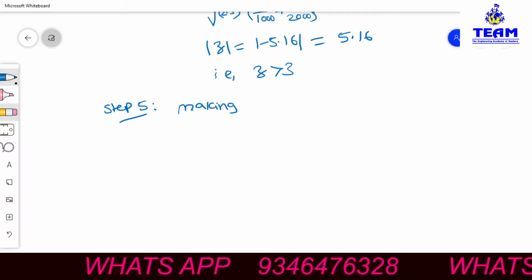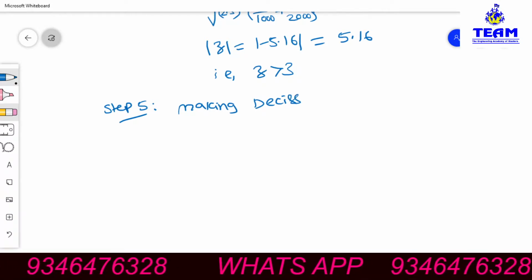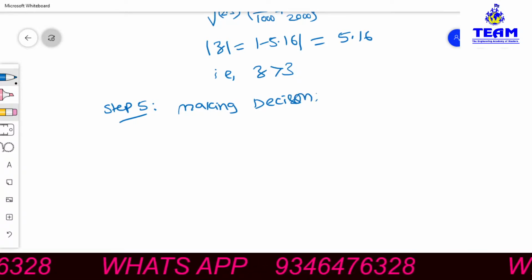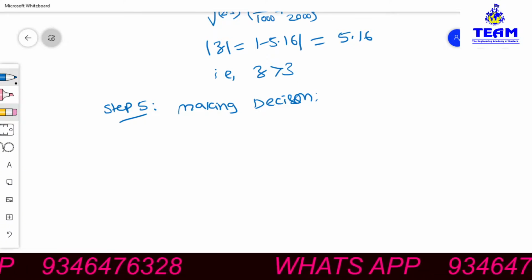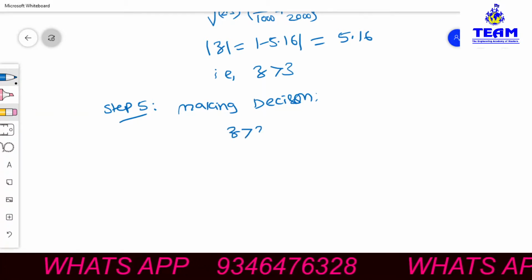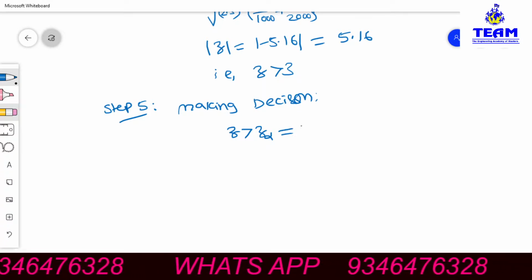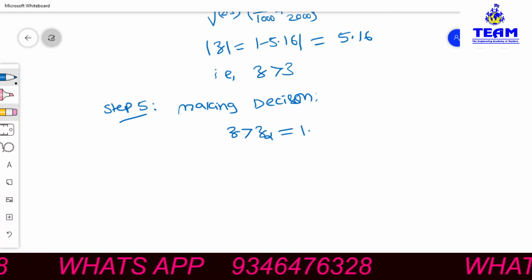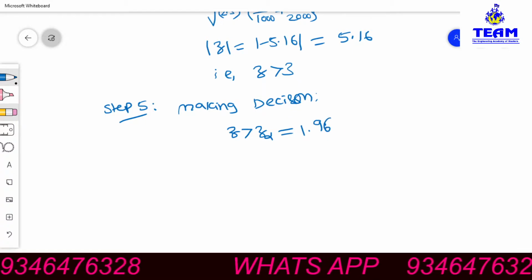You can make a decision by the Z value. Why? Because whenever Z is greater than Z alpha, of course, for a two-tailed test at level of significance 5%, we have 1.96.